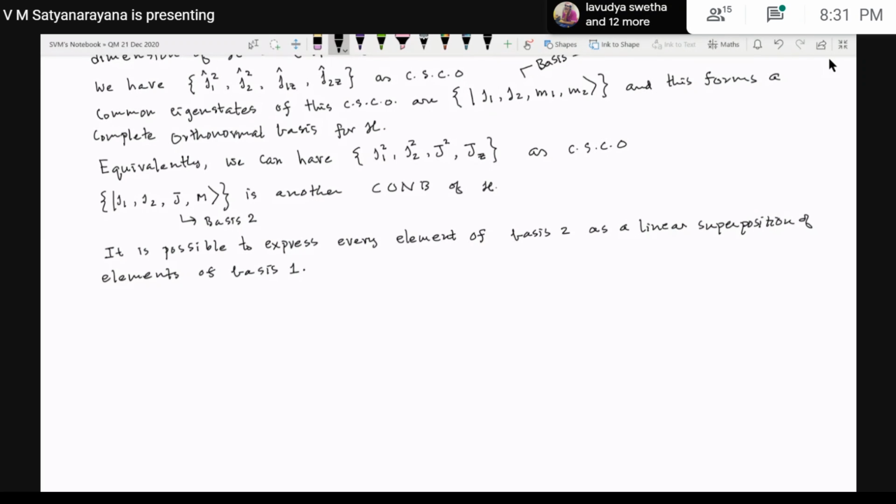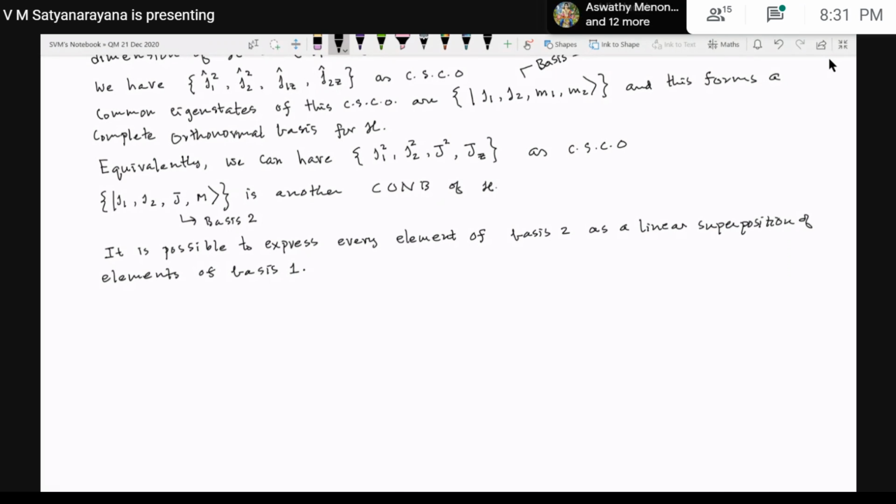This is easy to understand because an element of basis 2 is in general a vector in H, and every vector in H can be expressed in terms of elements of basis 1 because that is a basis.